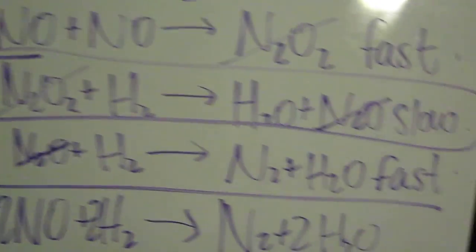Each step would be labeled as fast or slow. And if the slow one was first, then the ratio of the coefficients will help you find the rate. But it's always the slow one. So in this case, it's our second equation that we're going to be looking at.